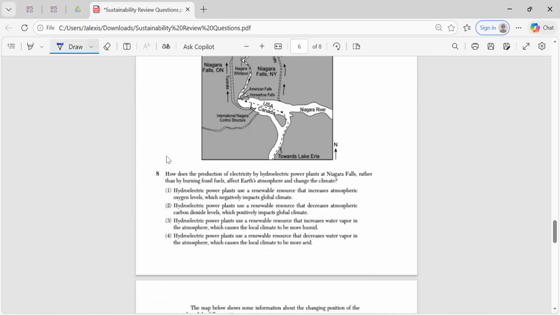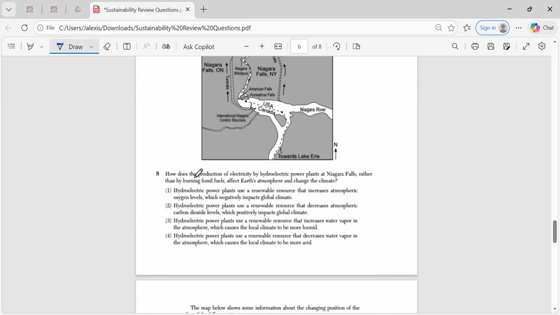Let's find out. So, number eight, it says, how does the production of electricity by hydroelectric power plants at Niagara Falls rather than by burning fossil fuels affect Earth's atmosphere and change the climate?